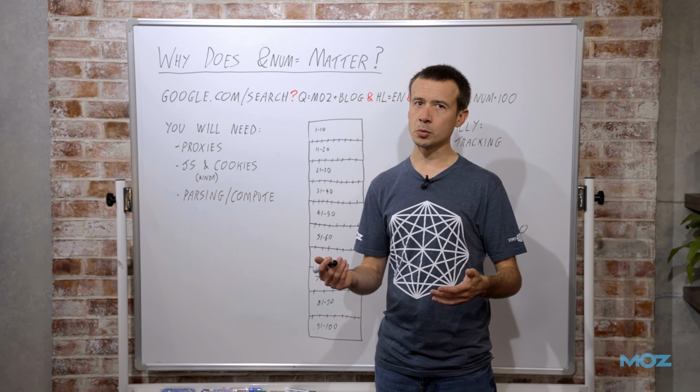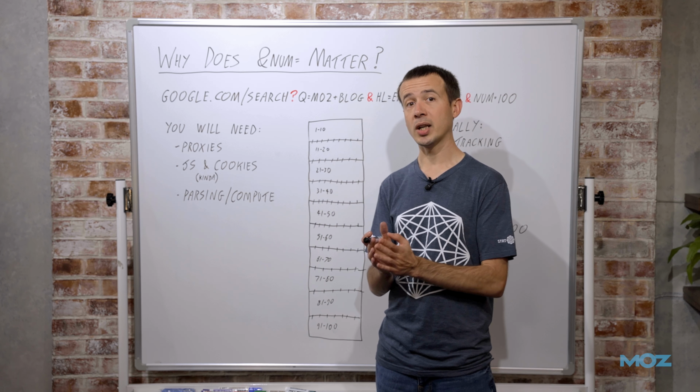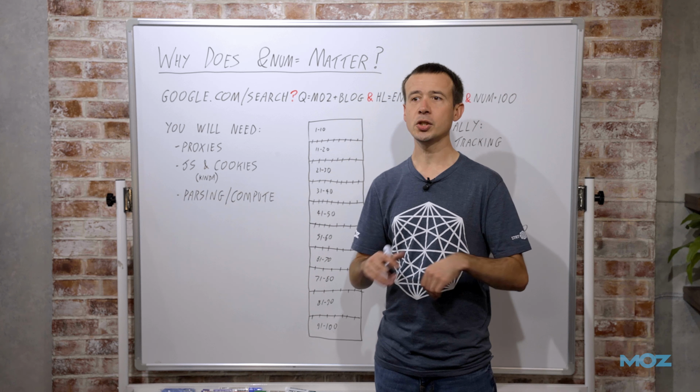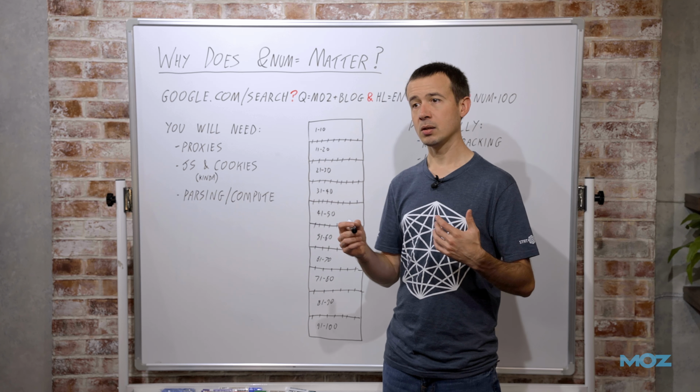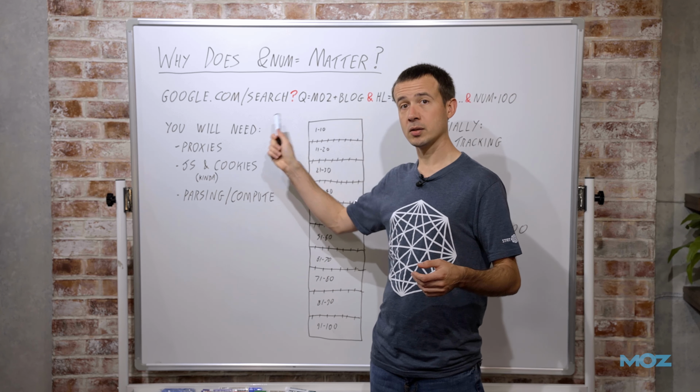So to call it 100 results is oversimplistic, but that's what happens in the parameter. If you put in 100, you get 10 pages of results, all as one big results page. And that allows SEO tools to get more data from just making one of these queries.